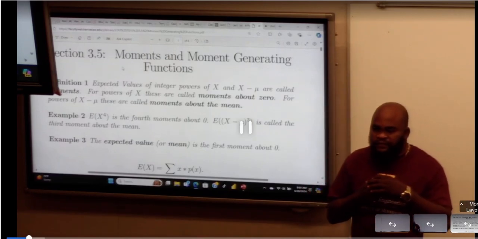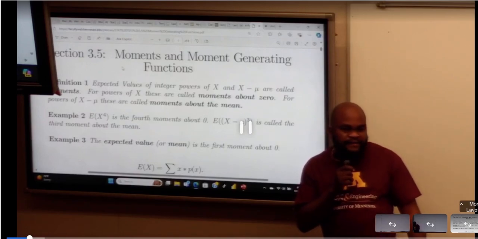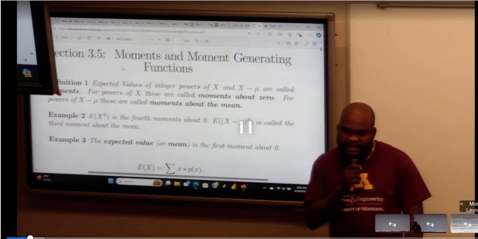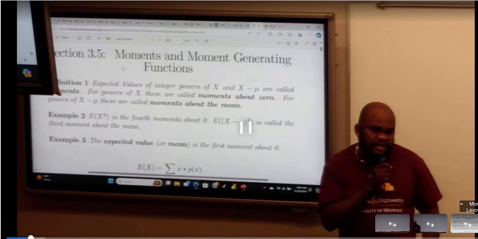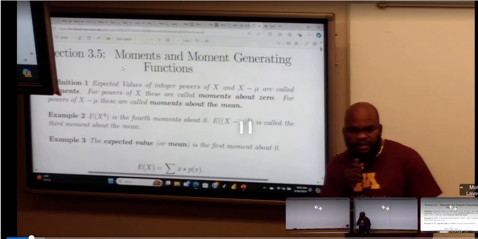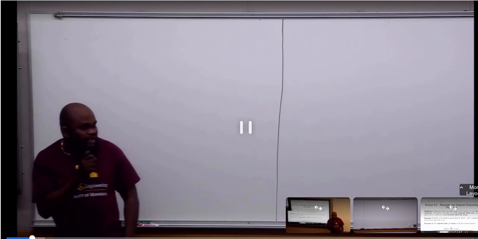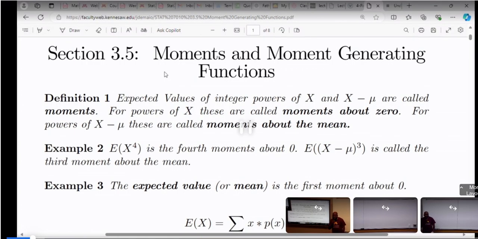And with these distributions, we derived some basic statistics. When I say basic statistics, we derived the mean and variance. What we're going to do today is look at the approach that we have been using all this while to derive the mean and variance, which we call moment.